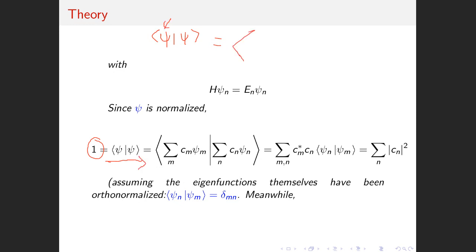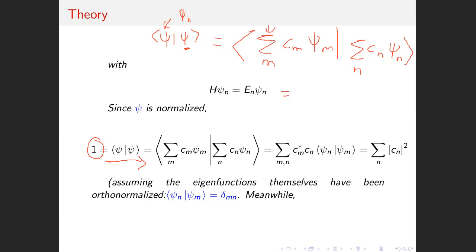Now, as I said, this can be written in terms of the eigenfunctions of H. So you get the sum over m of C_m psi_m, and similarly, with another dummy variable, which I chose to be n, you get C_n psi_n.